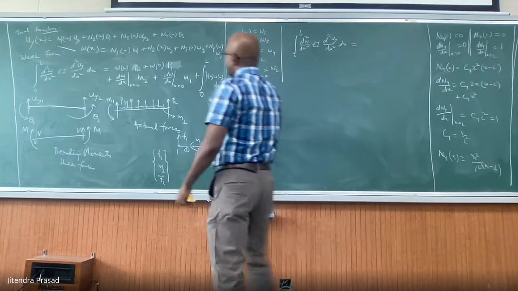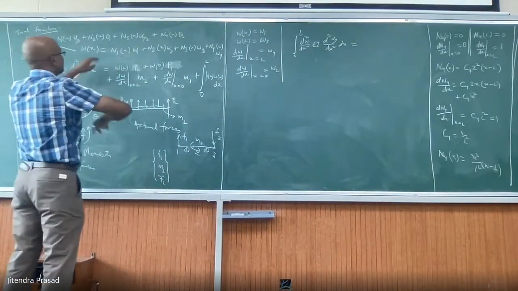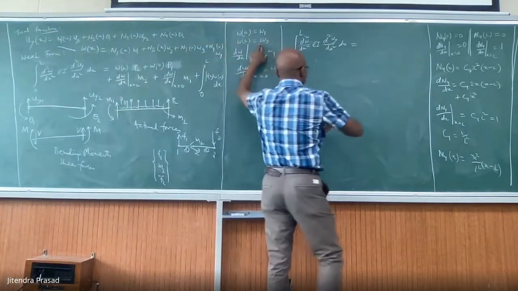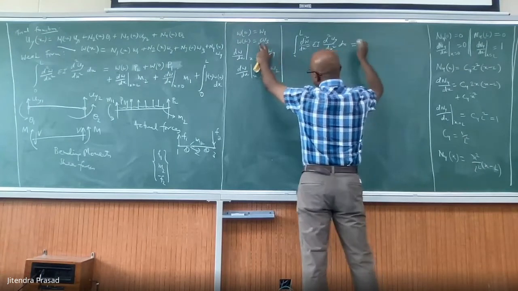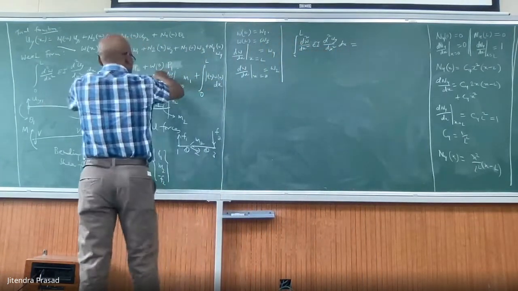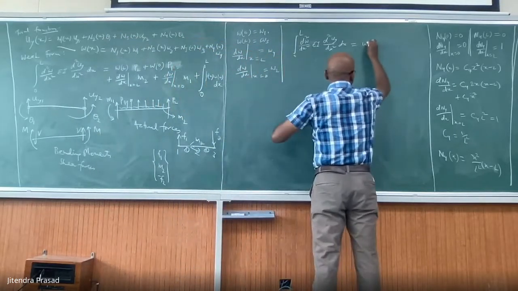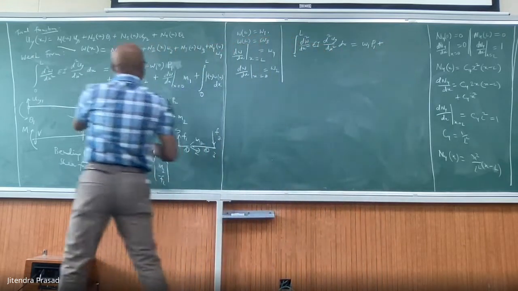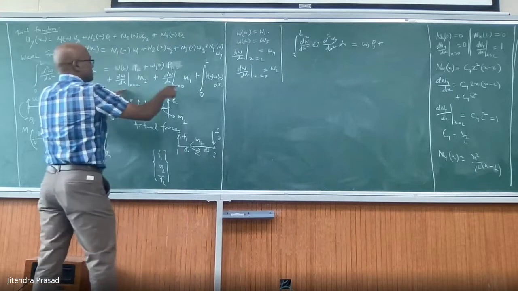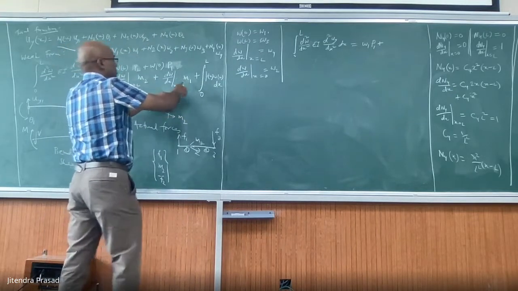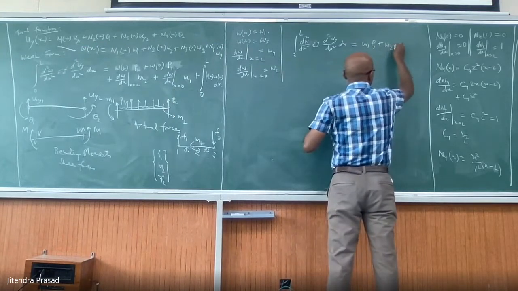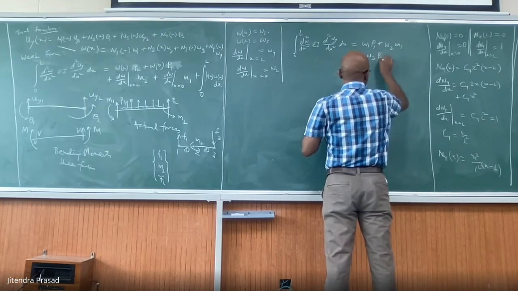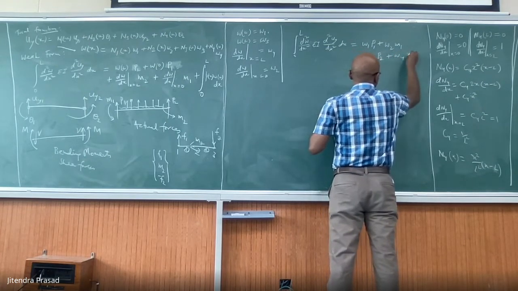Now here, W at L becomes W3. So let's start from W1. W at 0 times P, so we have W1 times P1, plus W2 times M1. Similarly, plus W3 times P2 plus W4 times M2.